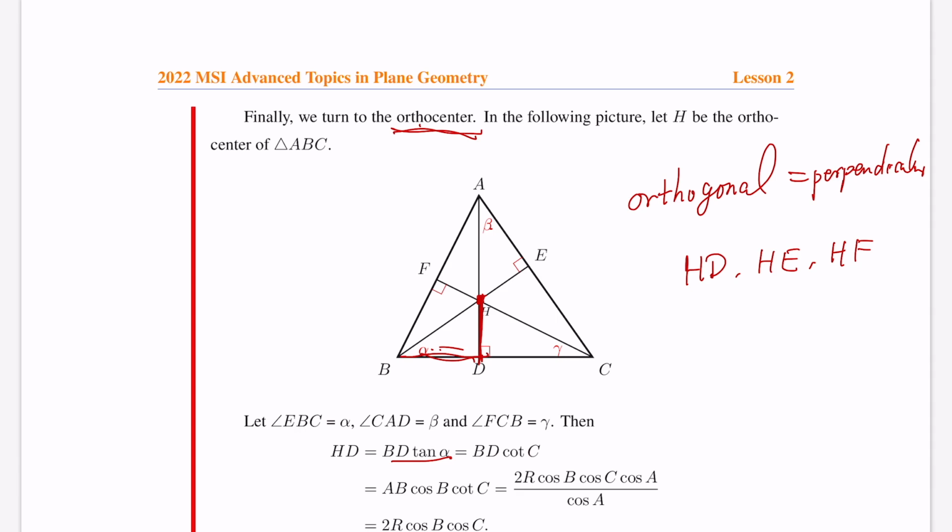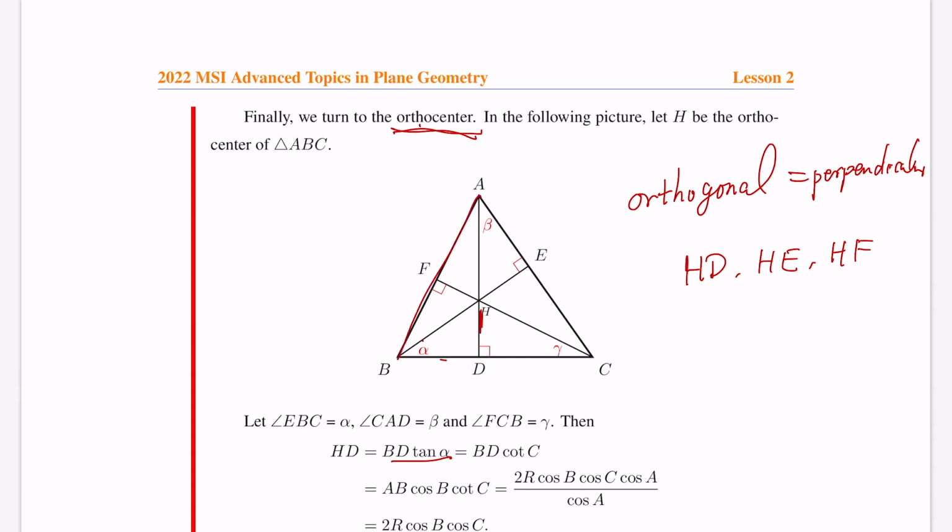Okay, but this alpha is the complement of this angle here. They add together to be equal to 90 degrees. So tangent alpha would be equal to cotangent C. Nice. And what is BD? For BD, I would use this right triangle. Let me erase that. So how to compute BD?